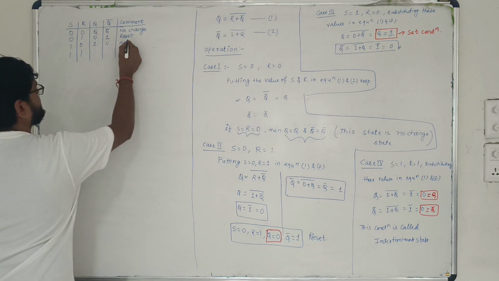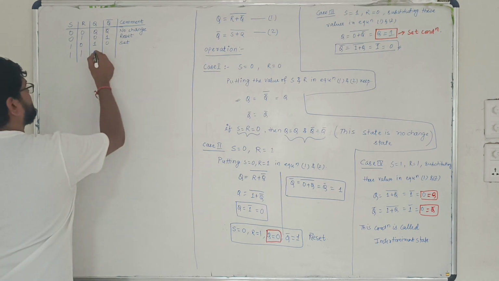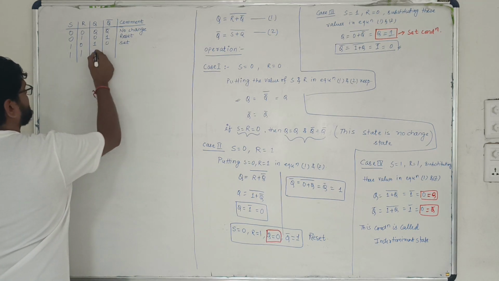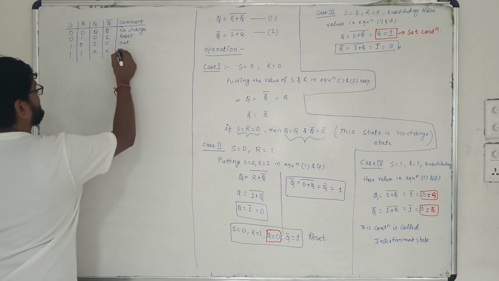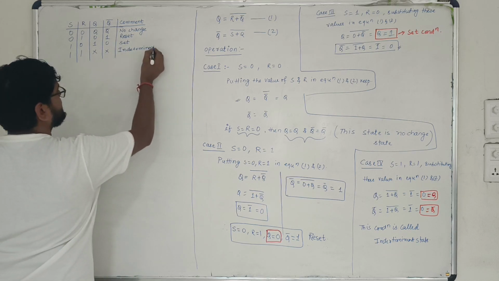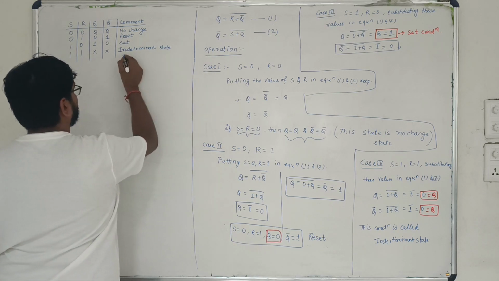That condition is called set condition. And for the last one, that is 1, 1, we are getting 0, 0, or you can say 0, 0 is not possible. Therefore, we are telling we don't know about that, and that condition is called indeterminate state or invalid state. Whatever you can say, both are correct.